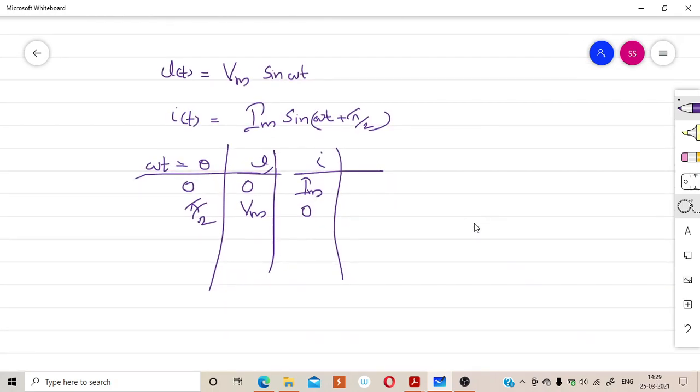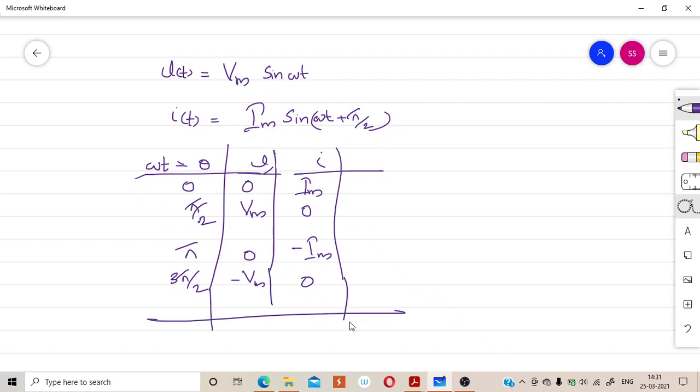Like that, if you substitute theta equal to pi, then V will be 0 and I will be sin of pi plus pi by 2, that is 3 pi by 2, so sin is minus one and I will be minus Im. Like that, if you substitute 3 pi by 2, you will get V as minus Vm and I as 0.